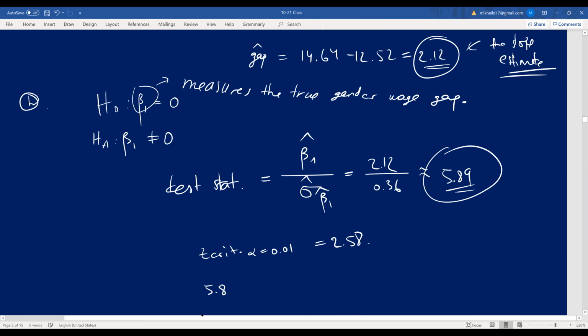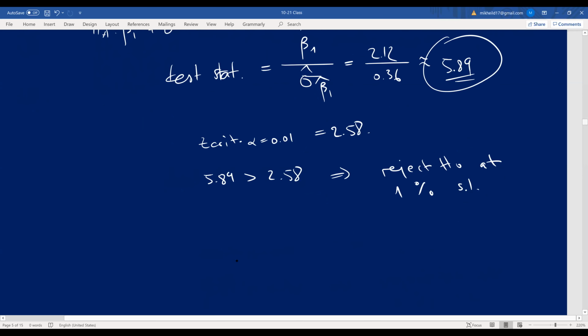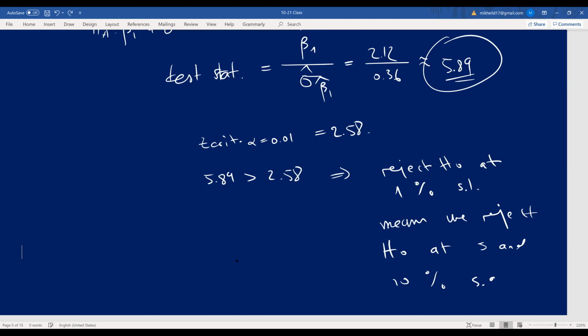We know that 5.849 is greater than 2.58, so that means reject H null at 1% significance level, but that automatically means that you are also rejecting the hypothesis at 5 and 10% significance levels too.